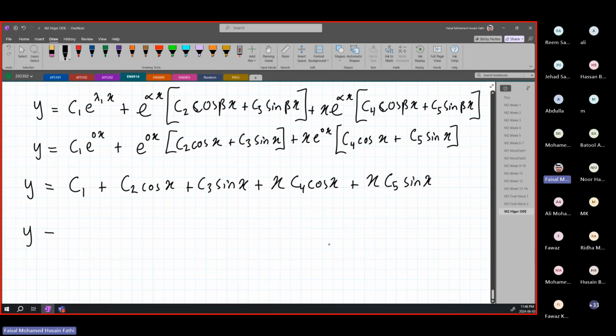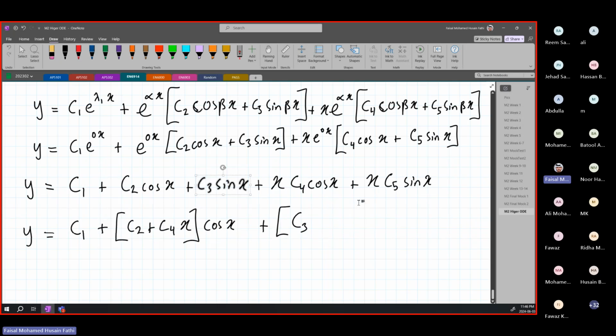The reason I did that is now you can see that we have cosine x here and here. We can take that as a common factor. So we're going to have c2 plus c4 x cosine x plus c3, which is our c3 over here, with sine x as a common factor, plus c5 x sine of x.